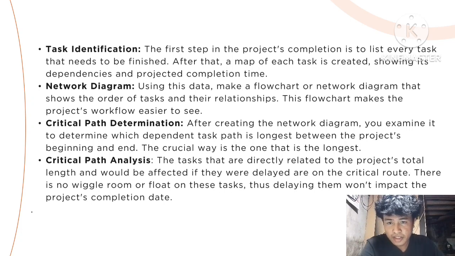Task identification. The first step in a project's completion is to list every task that needs to be finished. After that, a map of each task is created showing its dependency and projected completion time.